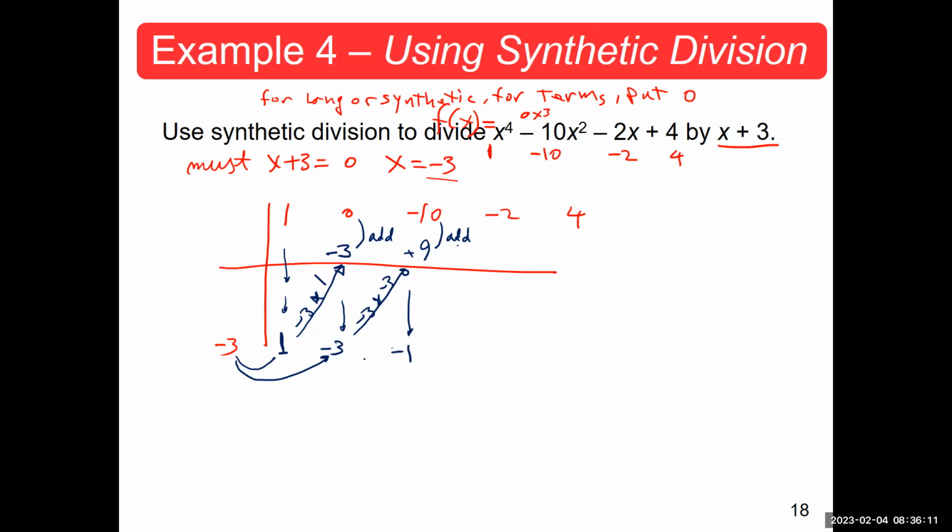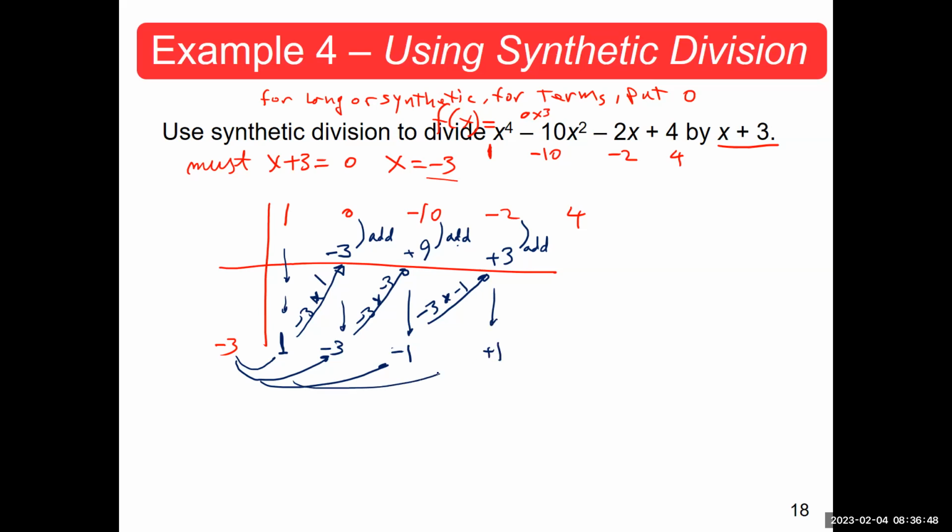After we add, you guessed it, you also multiply negative 3 by negative 1. That's going to give me positive 3. Now add. Every time you add, not subtract. In the previous long division it was subtracting. Here we are adding. That's going to give you the answer positive 1.